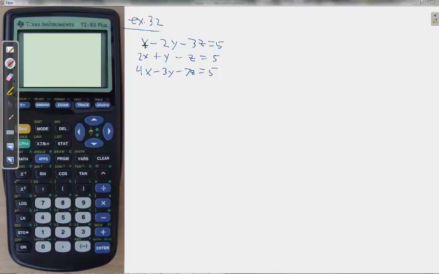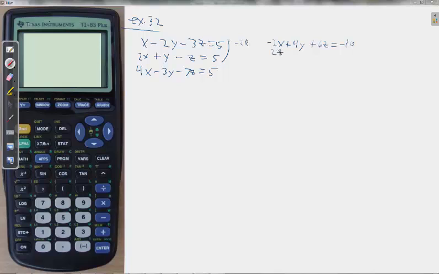So, if I use this one as my key equation, let's take it times negative 2 and add it to this one. So, negative 2r1 will get me negative 2x plus 4y plus 6z equals negative 10.